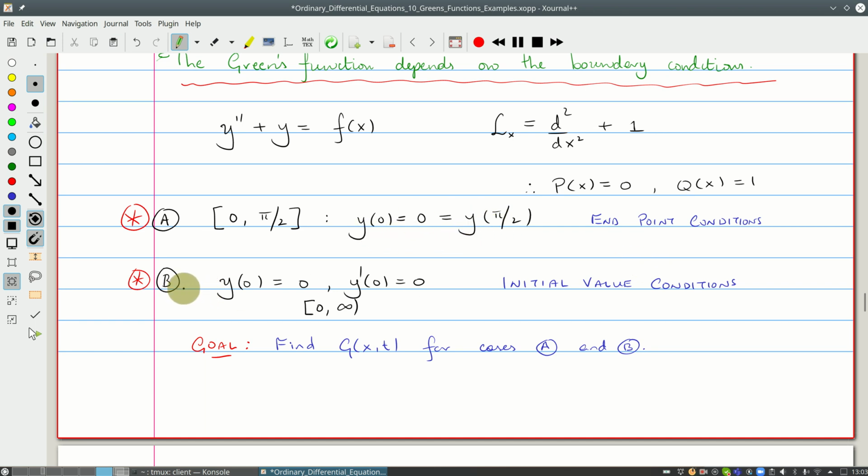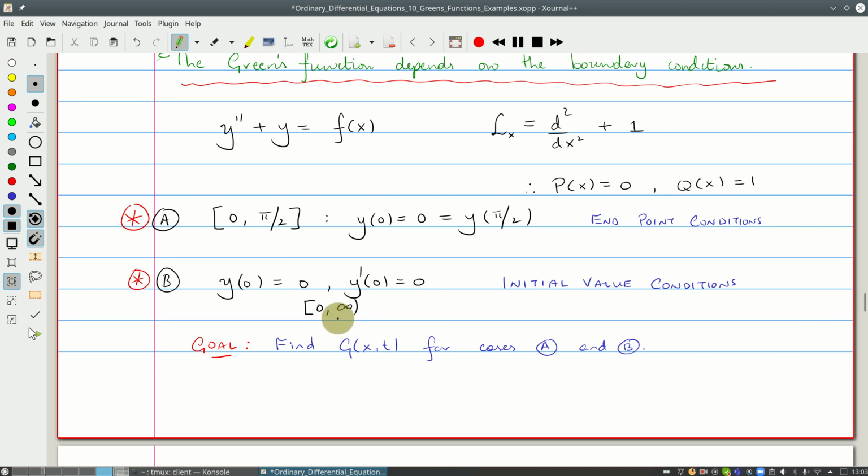And the second case we're going to solve this for is what's called an initial value condition, where both conditions apply to the left-hand boundary. So y is 0 at 0 and y prime is 0 at 0. Okay, in this particular case, we're going to solve the equation from 0 to infinity.